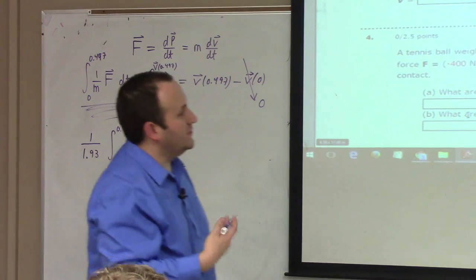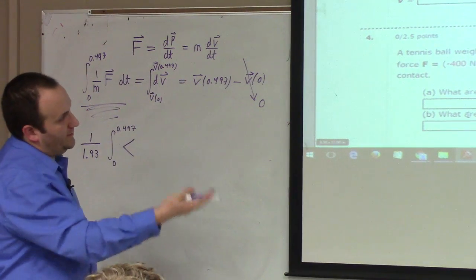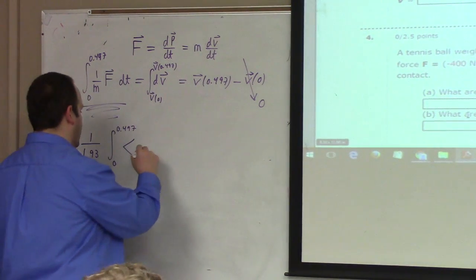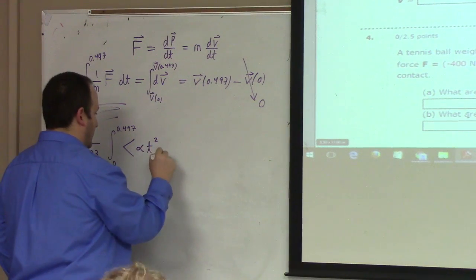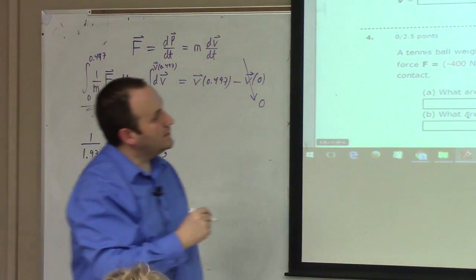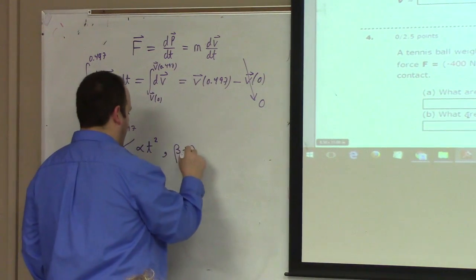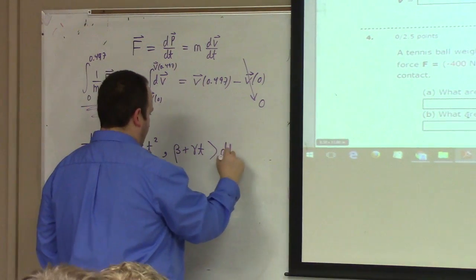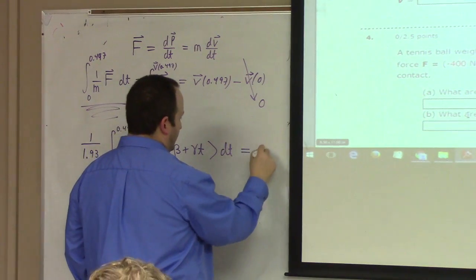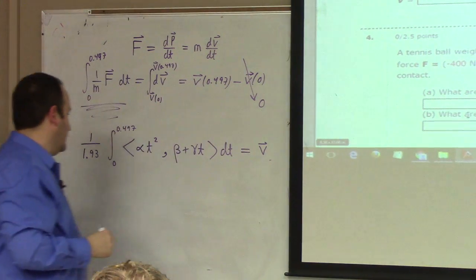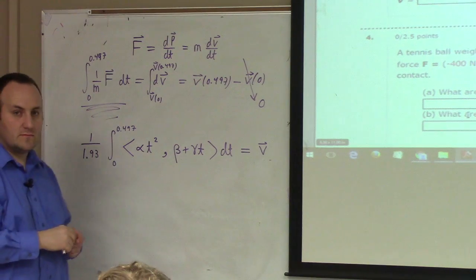Yup, or newtons and such. And then you have an alpha t squared, and a beta plus gamma t. So that's going to be equal to the speed you're looking for. Let's work it out.